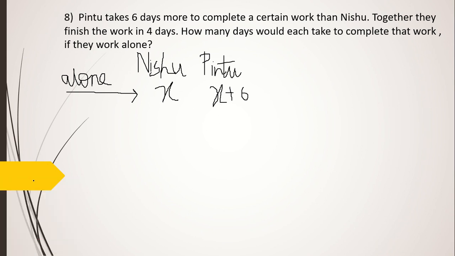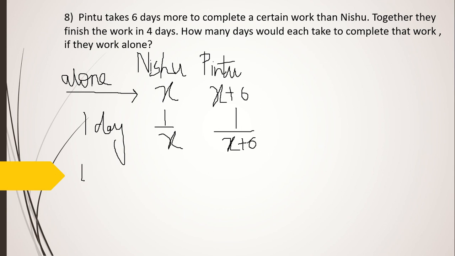Okay. Now whenever these two work separately, Nishu takes x days and Pintu takes x plus 6 days. So in one day, Nishu will finish 1 upon x part of the work, and Pintu will finish 1 upon x plus 6 part of the work. Okay. Now in one day she will finish so much work.